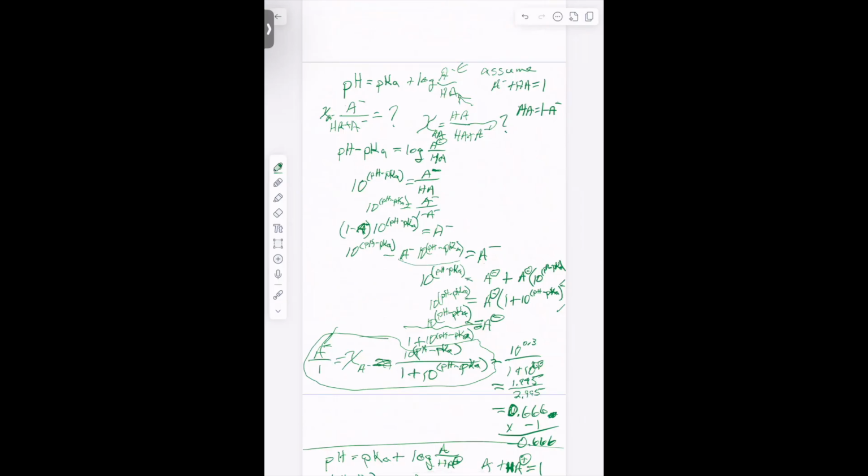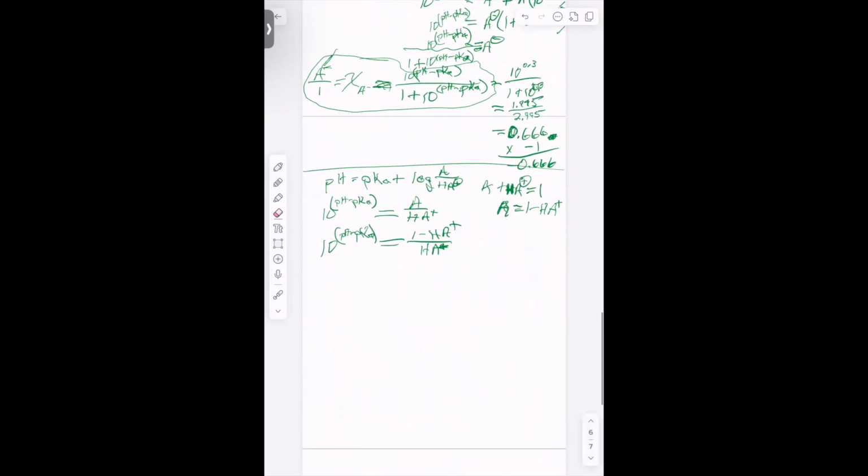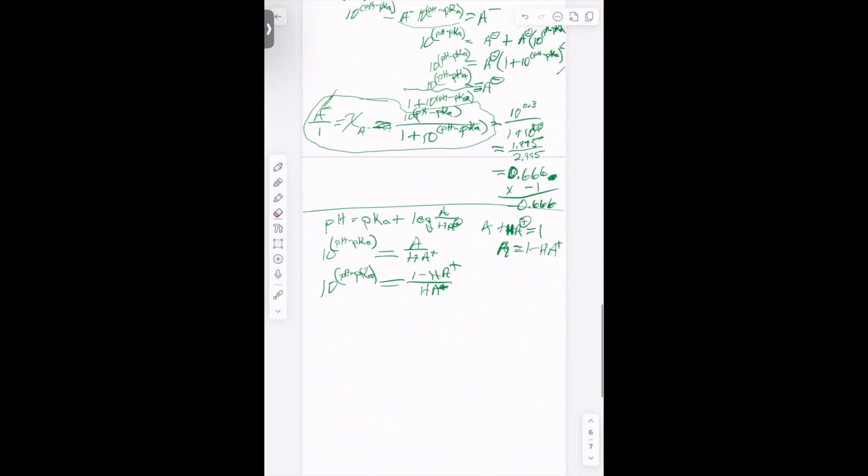All we needed to do was input the pH and pKa values, which are the experimental values. So if you know that, you can do that every time. And so working through all that, we will then do the math.